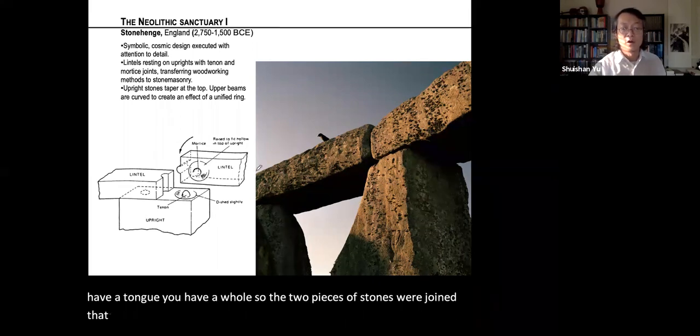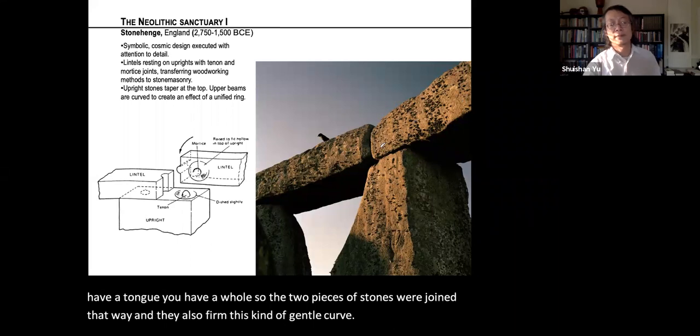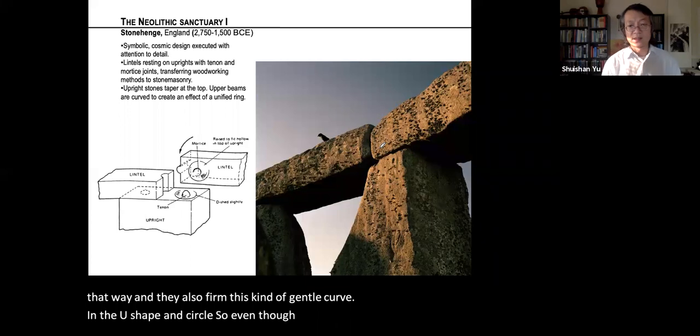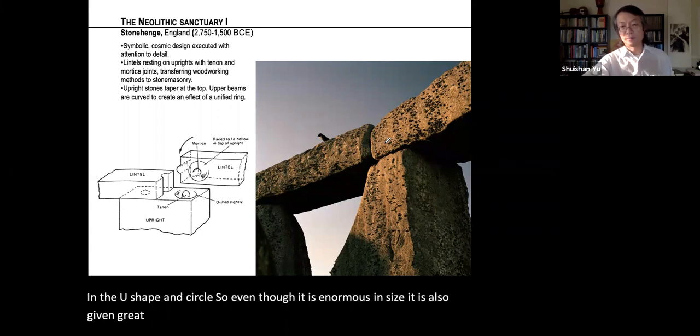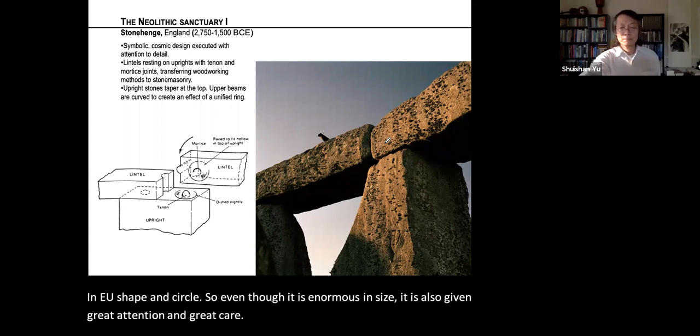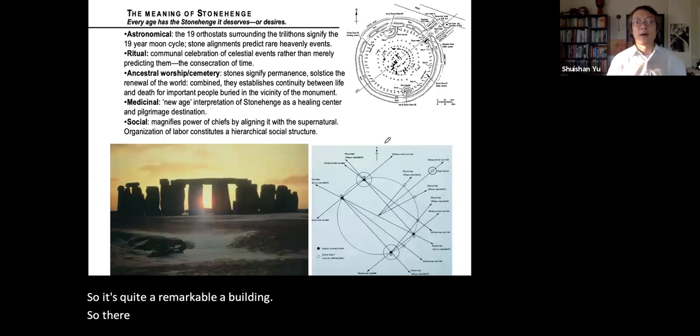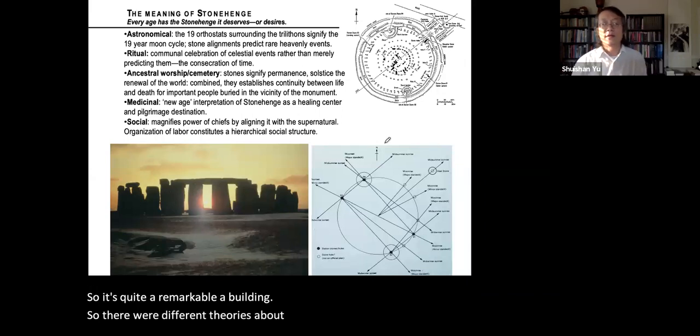And they also form this kind of gentle curve in the U shape and a circle. So even though it is enormous in size, it is also given great attention and great care. So it's quite a remarkable building. There were different theories about the function, and I think they are all valid.